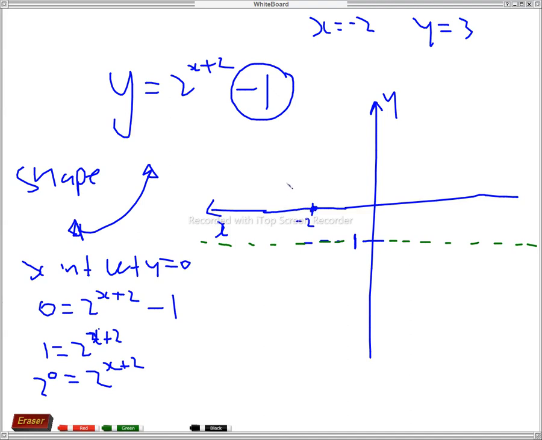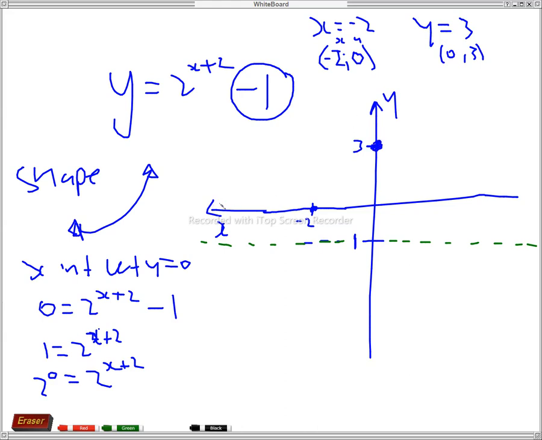Okay, let me plot my coordinate. The coordinate is negative 2 and 0. You remember we let y be 0, so x and y, y is 0, x is negative 2, and here is 0 and 3. So therefore our 3, let me put it right here and make sure that I plot my coordinate there.